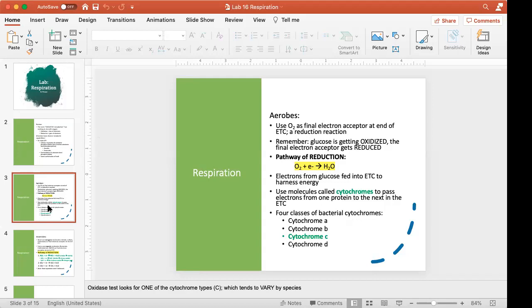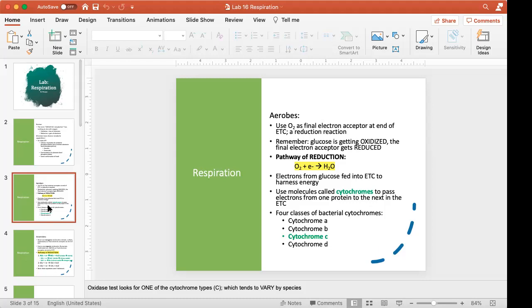Remember, aerobes use oxygen as their final electron acceptor at the end of the electron transport chain, and that oxygen is going to get reduced. The glucose is what's being oxidized. All of the electrons from the glucose are being removed. The oxygen molecule is being reduced, and water will be produced as the product.